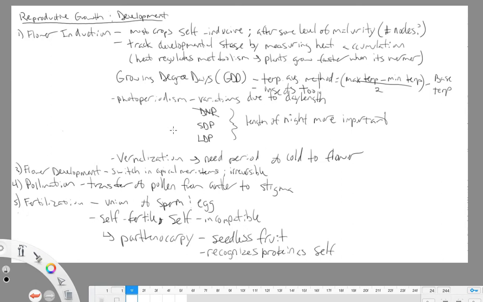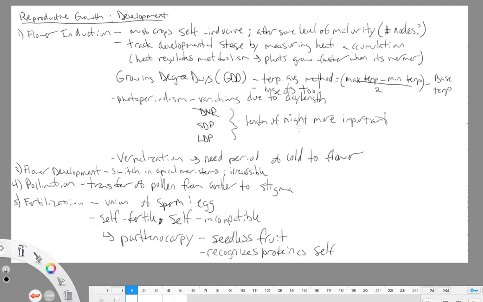Our short day plants will, in this case, we're talking about flowering, flower after the length of day is shorter than some critical day length, and our long day plants are vice versa. But really, as we saw, it's the length of night that seems to be most important. And I went through that complicated mechanism of how we think this is working in our long day plants. Again, you don't need to know that, but just something for you guys to see.